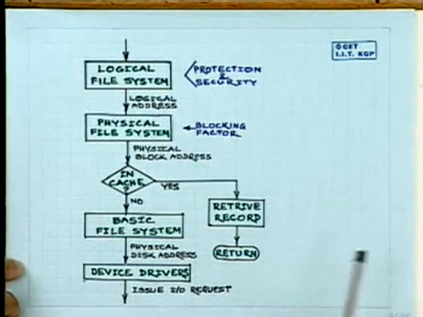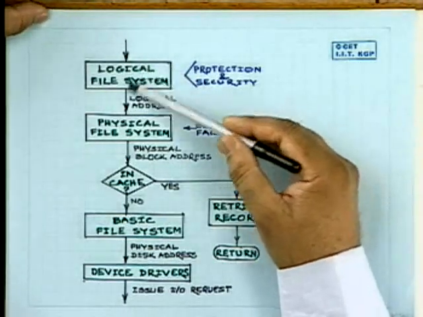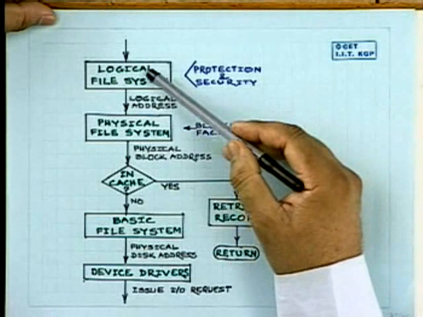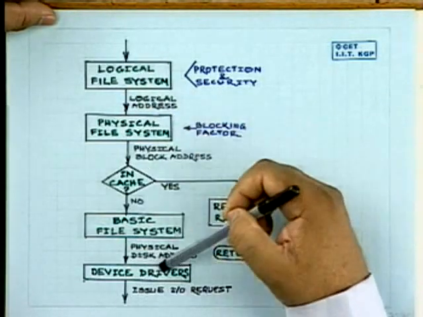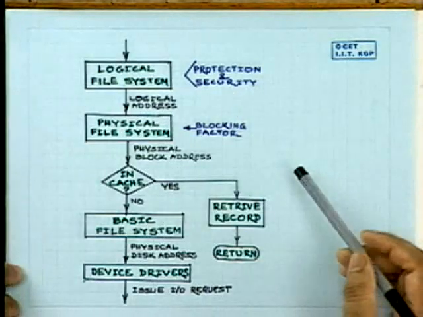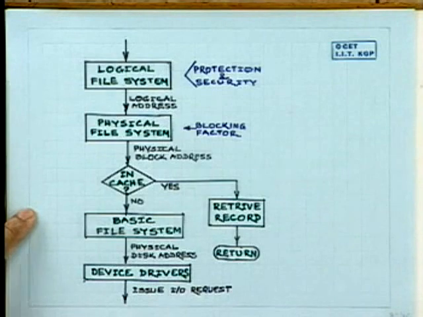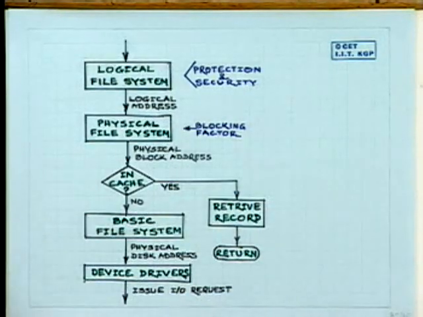Now let us see, when file systems are implemented, how records are fetched or written into. I have given here a modular structure of the system for reading from or writing into a file.